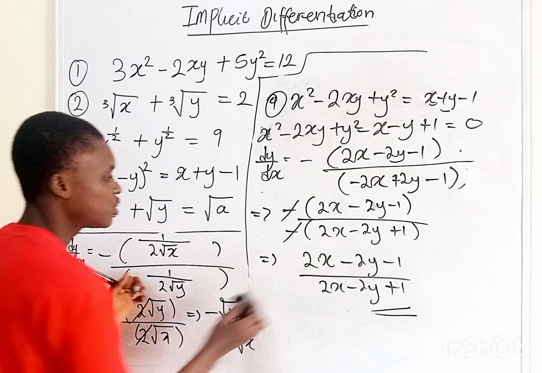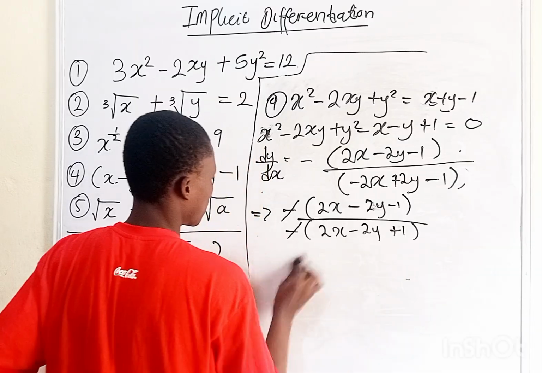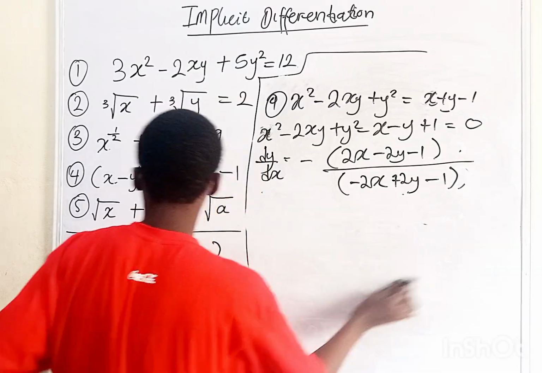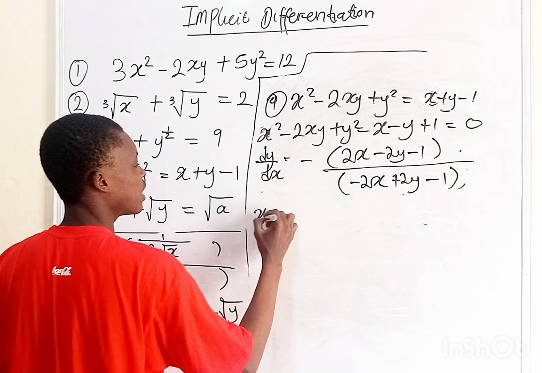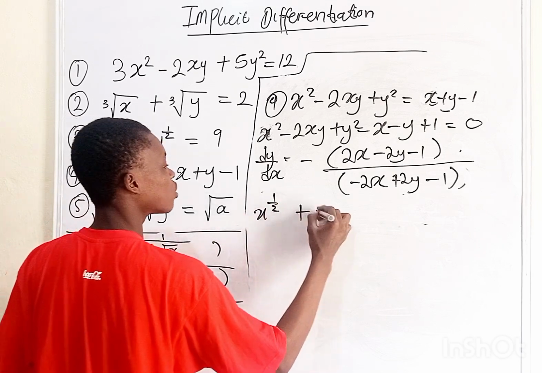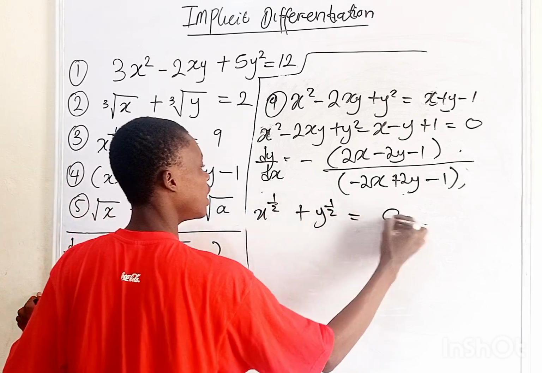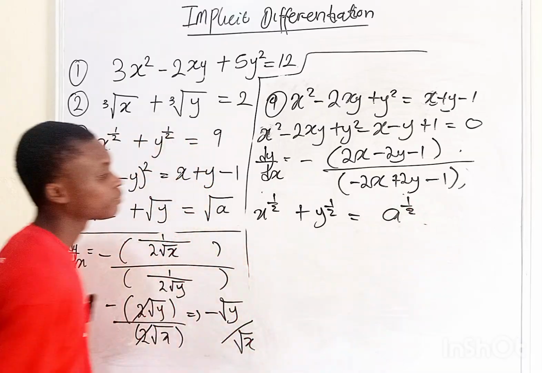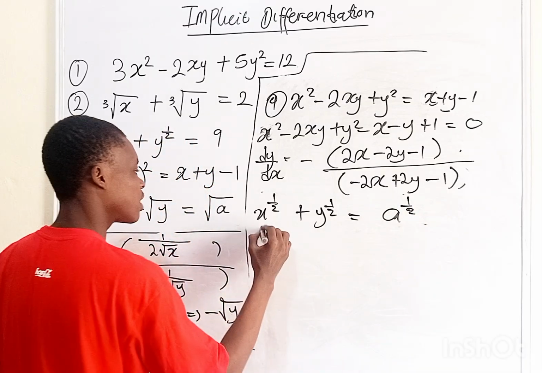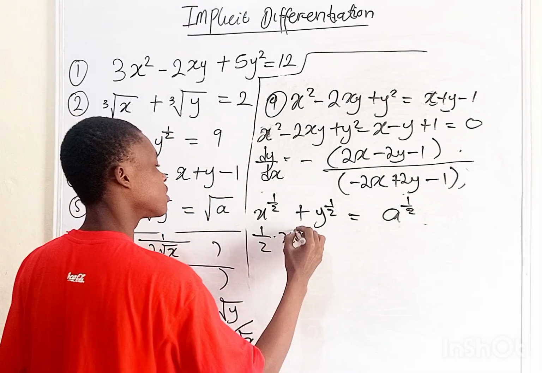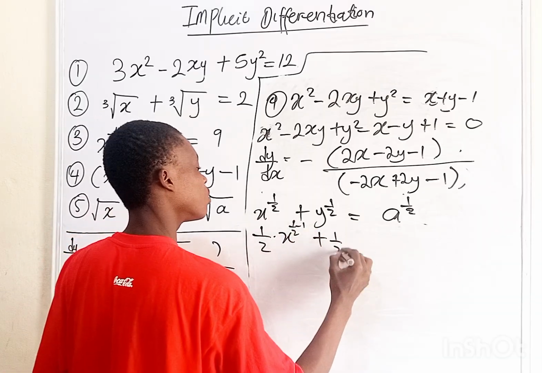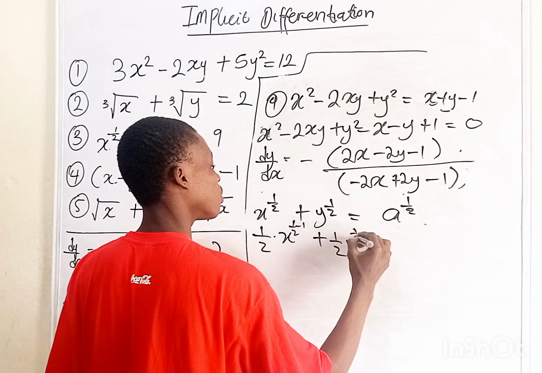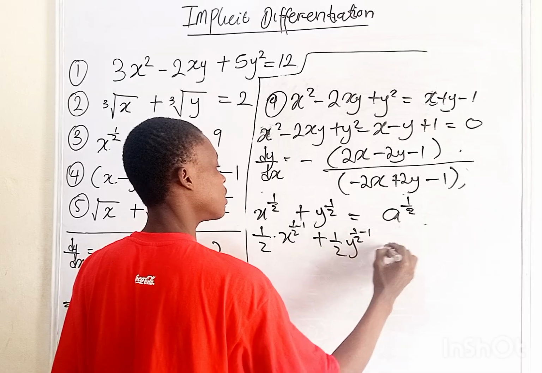Now, for the sake of teaching, for the sake of learning, let me show you how I differentiated this. So this is x raised to power 1 all over 2 plus y raised to power 1 all over 2 equals a raised to power 1 all over 2. So if we differentiate this, we have that this is 1 all over 2 multiplied by x raised to 1 all over 2 minus 1, plus 1 all over 2 y raised to 1 all over 2 minus 1.